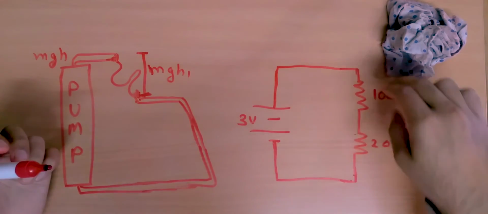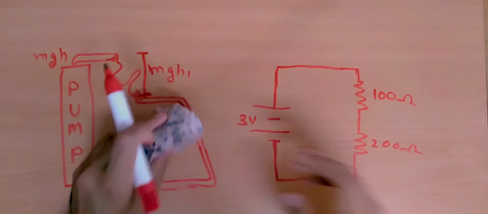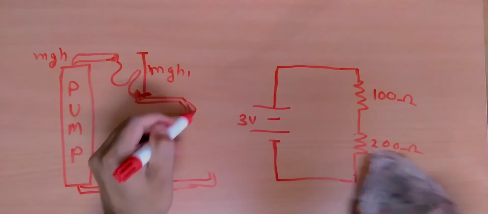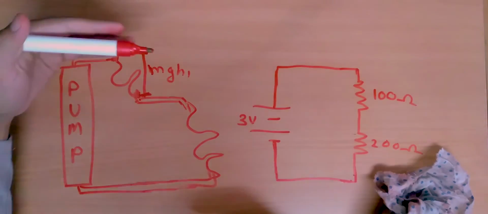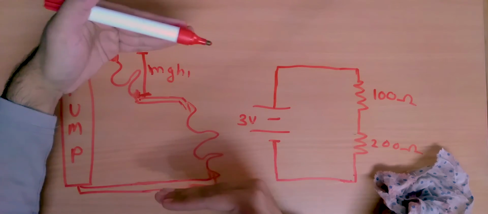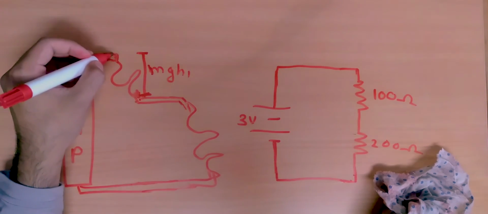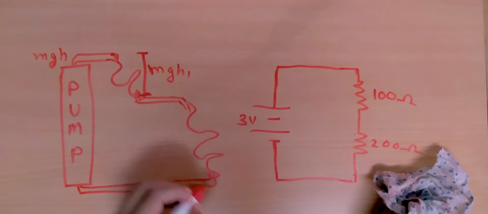the potential drop across both the resistors will be 3 volts, because just like in this case where I have such weird looking pipes, but again if I have to calculate the drop in potential energy of the water, that will still be mgh, because the change in potential depends only on the starting point, the starting height of water, and the ending height.